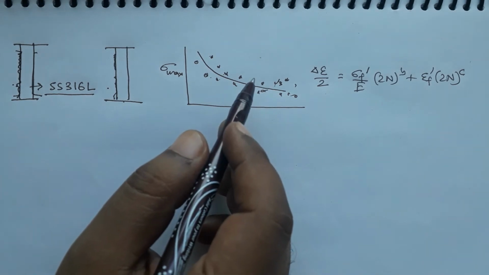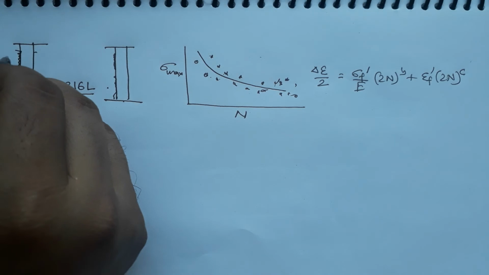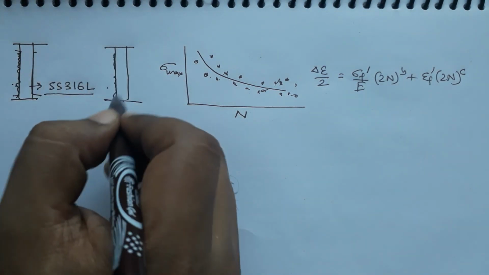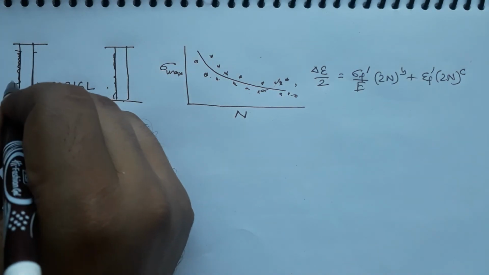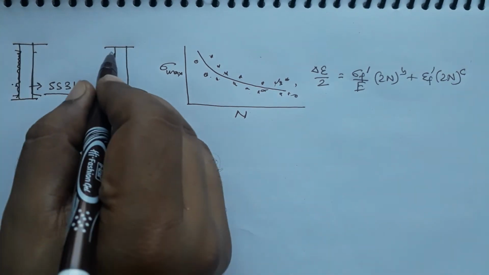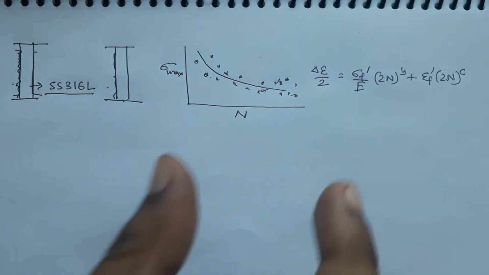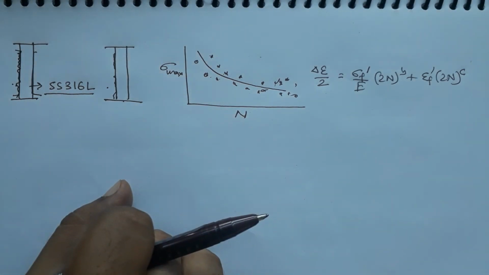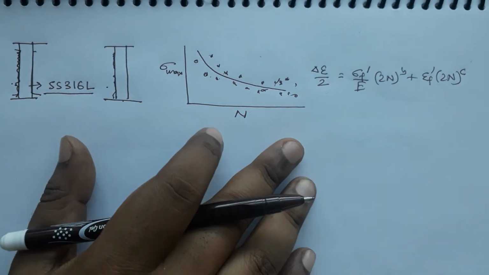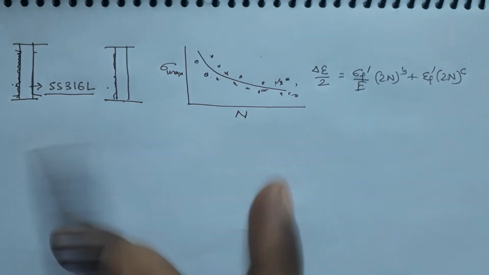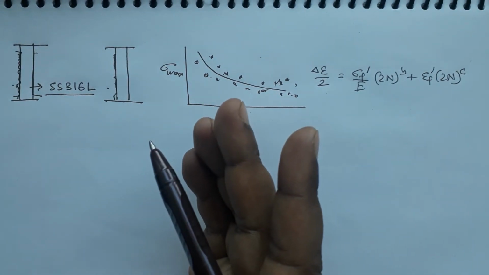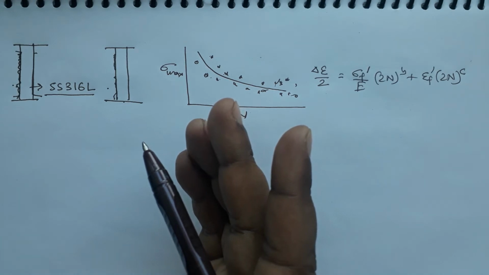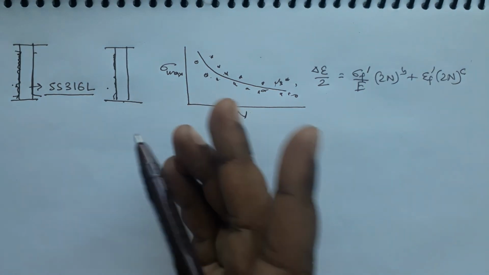It does contribute to the material property, but if you can avoid some scatter, then we must avoid this. Therefore, the standard procedure is that you have to mirror polish your specimen before testing them. It is not done in a tensile specimen because tensile damage does not start from the surface, but fatigue does start from the surface.